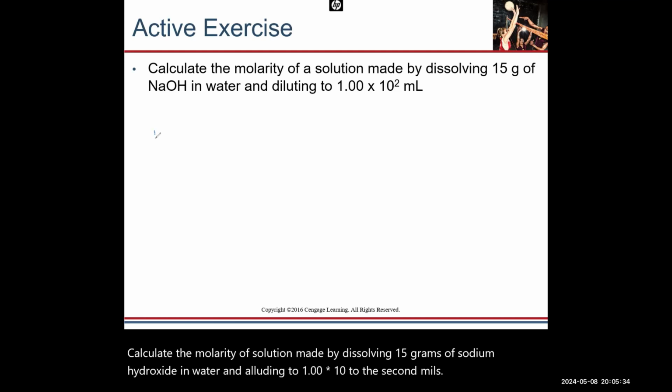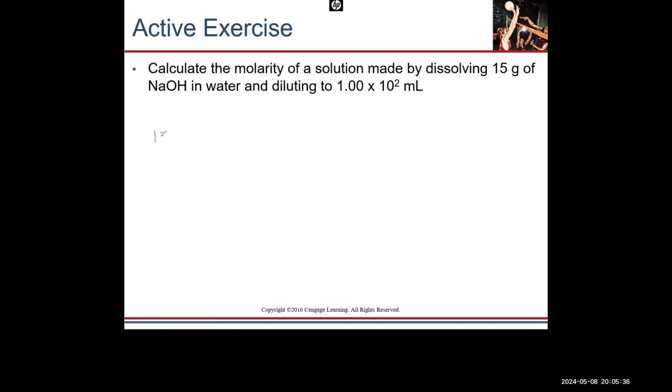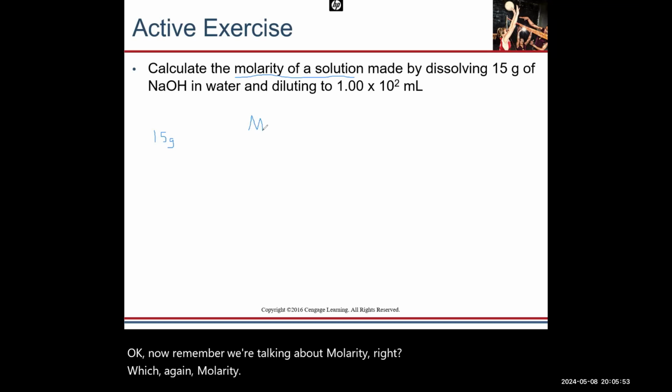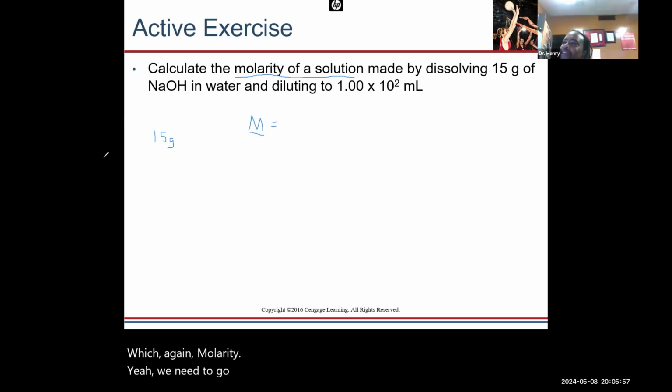So 15 grams over 1.00 times 10 to the power of 2. Now remember we're talking about molarity. Oh, shoot, we need to go to the periodic table.